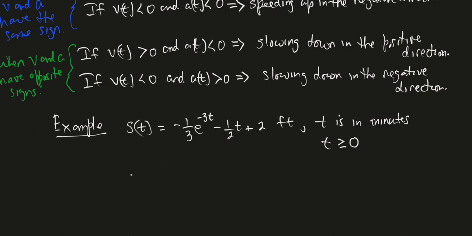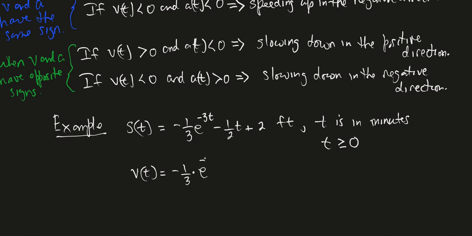Suppose we wanted to find the instantaneous velocity, right? Well, the velocity function would be the first derivative. So v of t. Let's apply our derivative rules now, our constant multiple rule, and then differentiate e to the negative 3t.